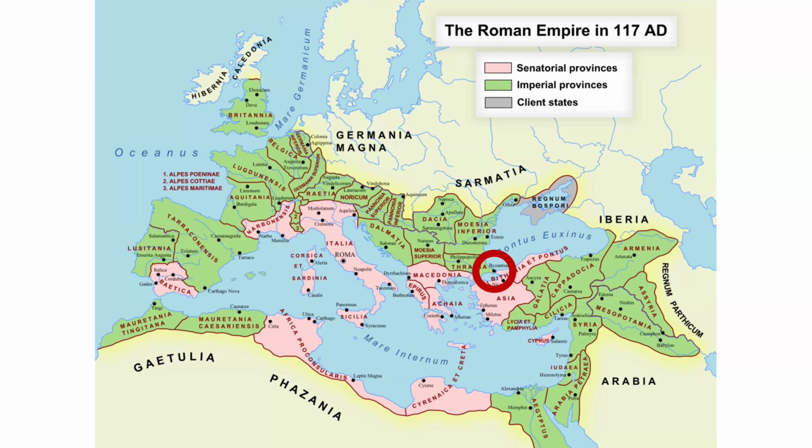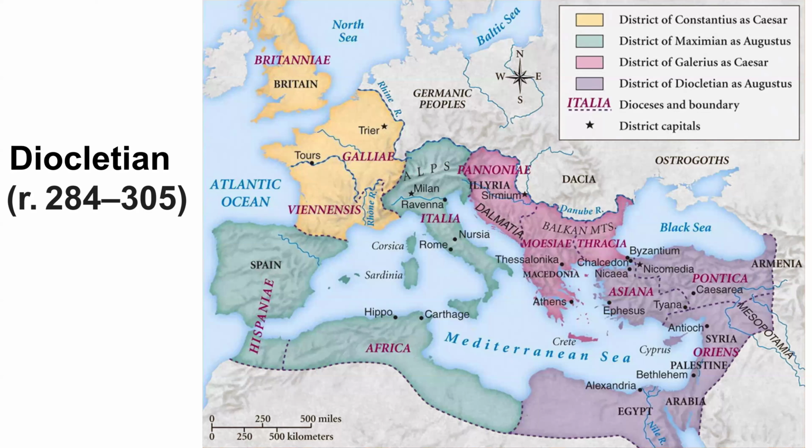that was the largest expansion, and after that, it contracted. About 150 years later, under Diocletian, the empire was really divided into 4 sections. The emperor recognized that it was such a huge territory that one man couldn't control it.